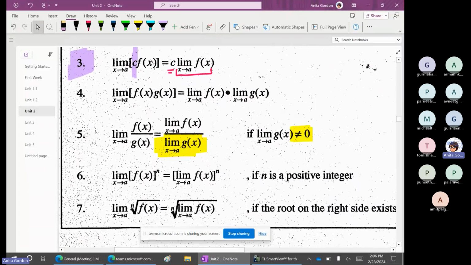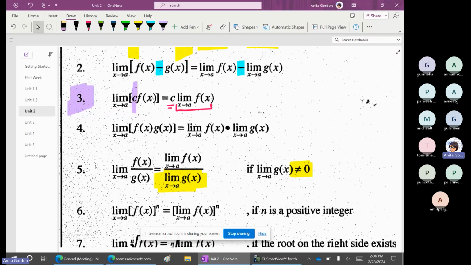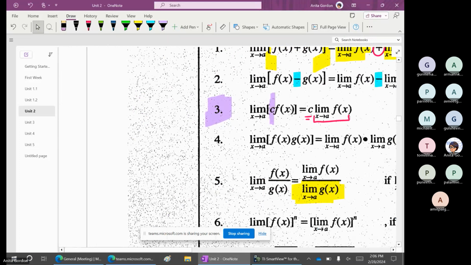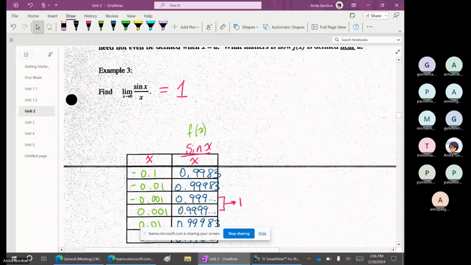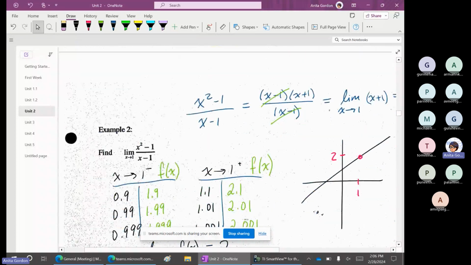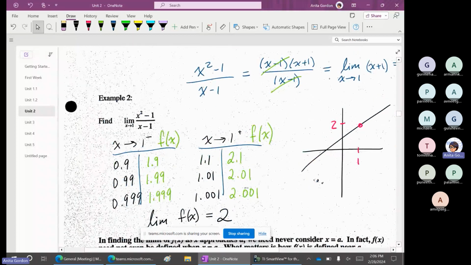Yes, sir. For the number 5. Yes. Can we go back to example 2, where it has an x in the numerator and x in the denominator, so we can apply that rule? Say that again. If I go back to example 2. Yeah, since one function is dividing another function, we could use the division law.